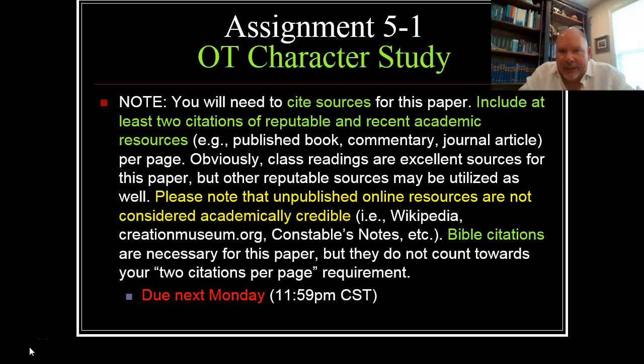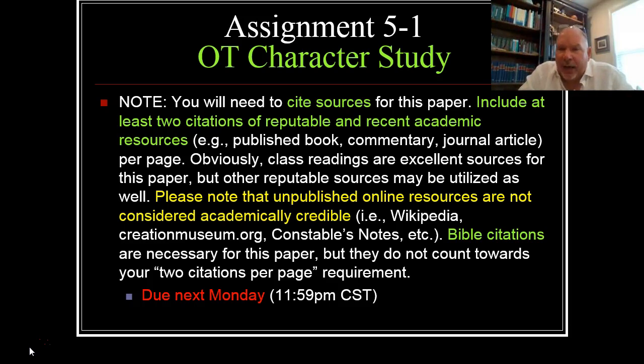So include at least 2 citations of reputable and recent academic resources per page. And that means published books, published commentaries, or journal articles. Obviously, class readings are excellent sources for this paper, but other reputable sources may and should be utilized as well.